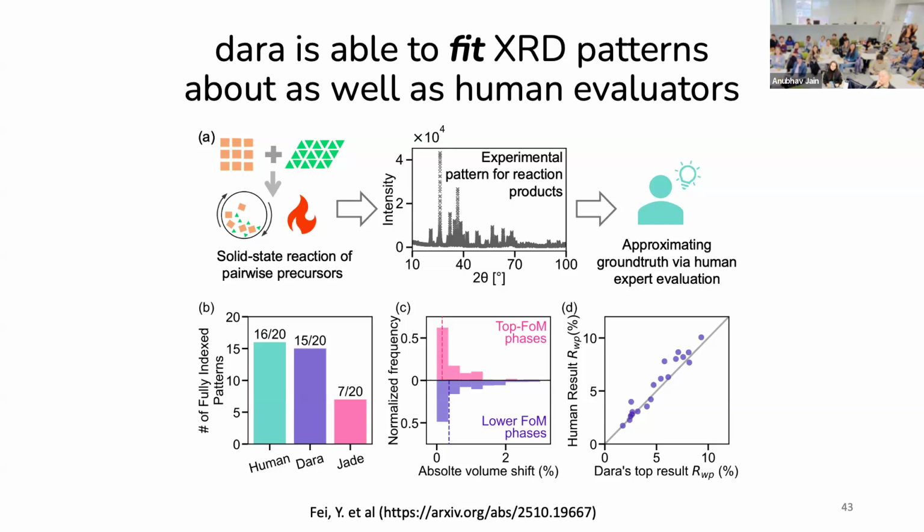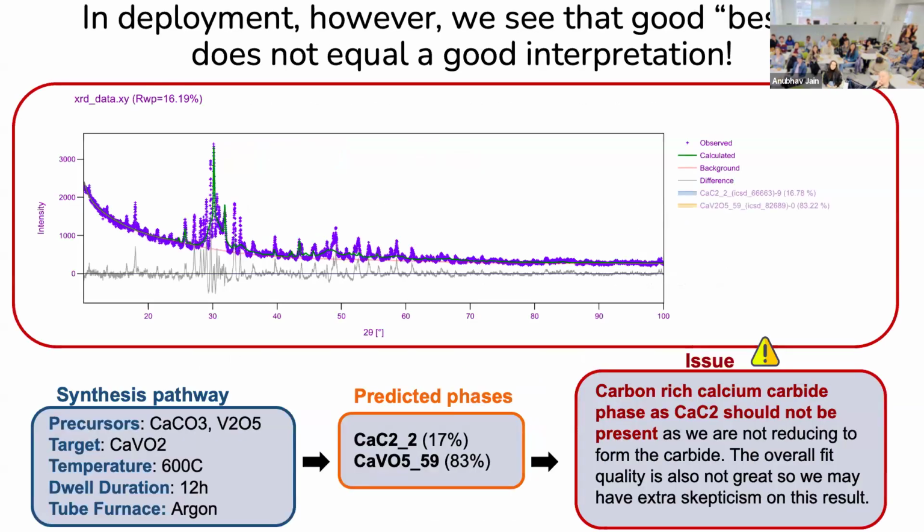But we've been trying to deploy this in practice with Lauren here for one of our collaborations, and we've sometimes been seeing weird results: the best fit result is not always a good interpretation. Here's an XRD pattern, and this is the best fit result from DARA. There's no other fit that's better. You can do all the numerical optimization in the world, and you're not going to find a better fit than this one. The problem is that this outcome doesn't make sense.